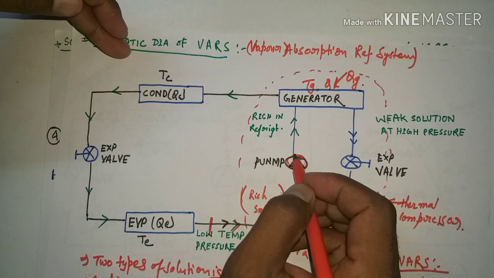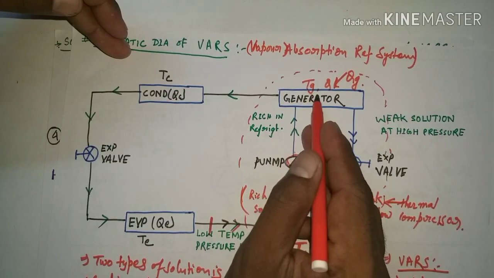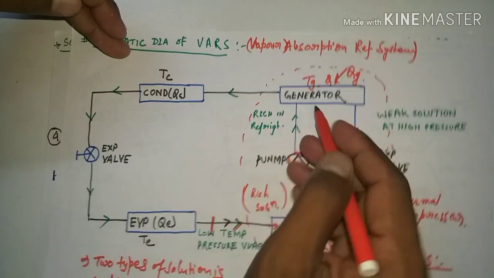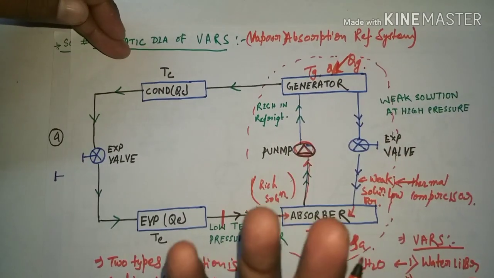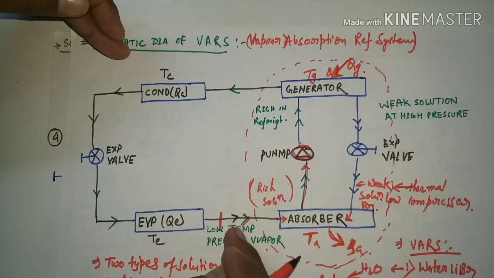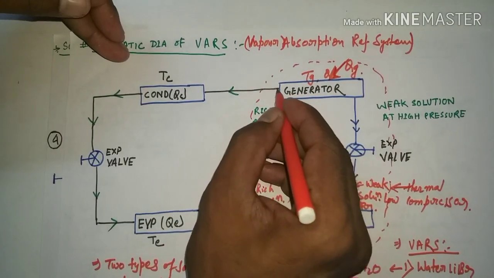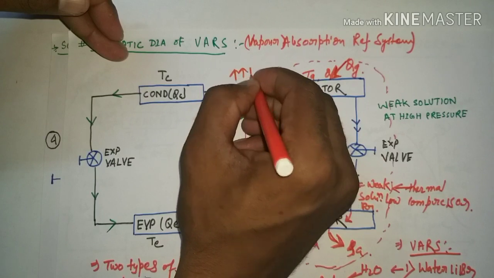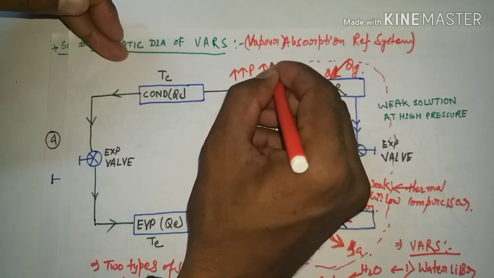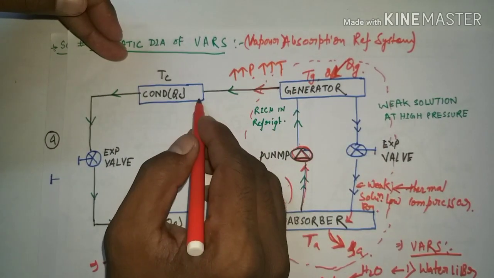Okay, so when this rich solution goes into the generator, we supply external heat to the generator to vaporize the refrigerant. So at this point we have high pressure and high temperature refrigerant.